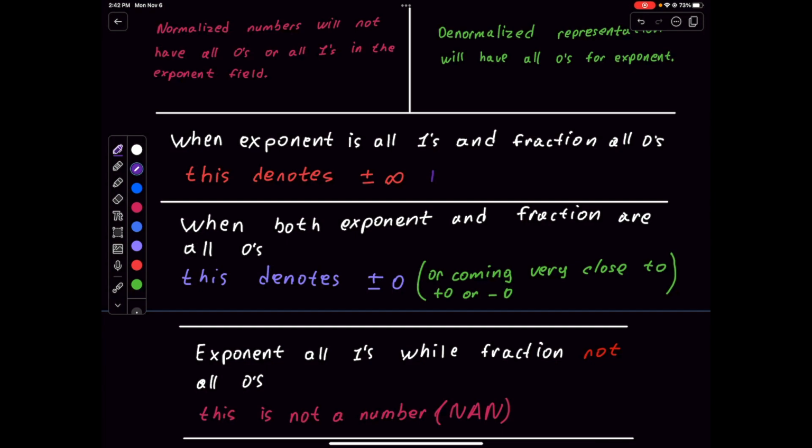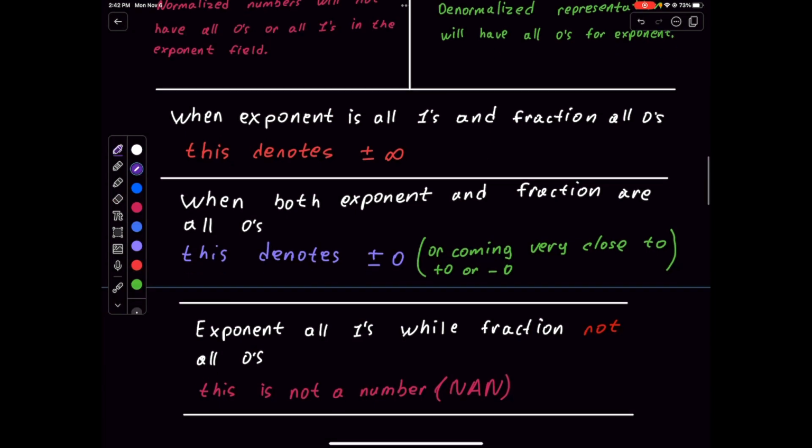If we have all ones in the exponent field, that is 8 bits of ones, and the fraction is all zeros, this is going to be negative infinity, right? Likewise, if the sign was a 0, this would be positive infinity. All right, I'm going to clear that out.